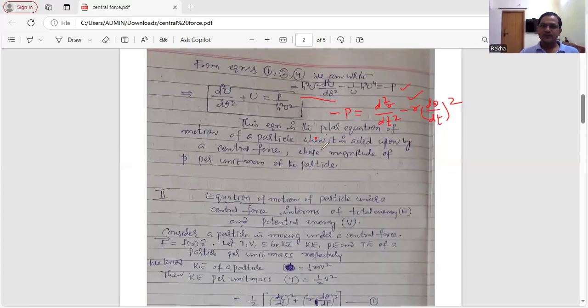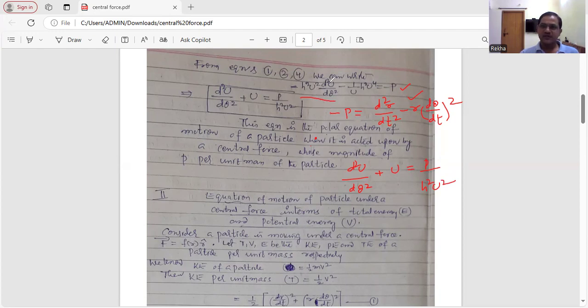So from this, what can we write? d square u by d theta square plus u is equal to p by h square u square. Both sides the minus sign gets cancelled.